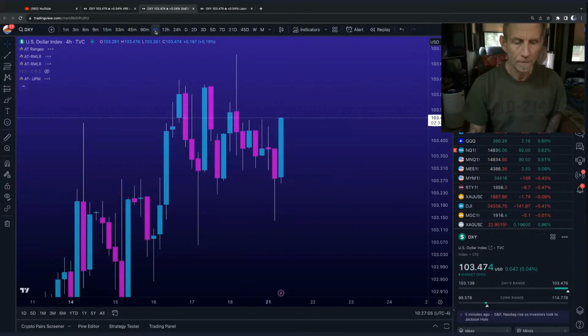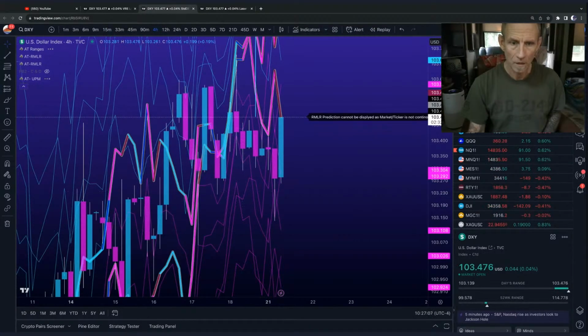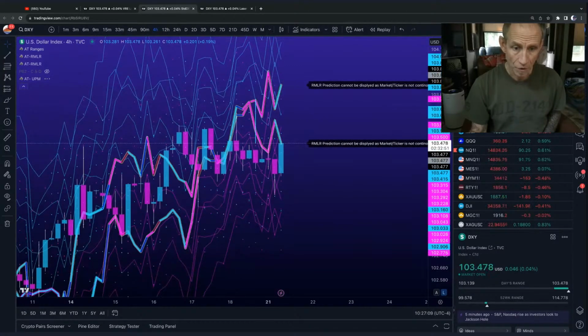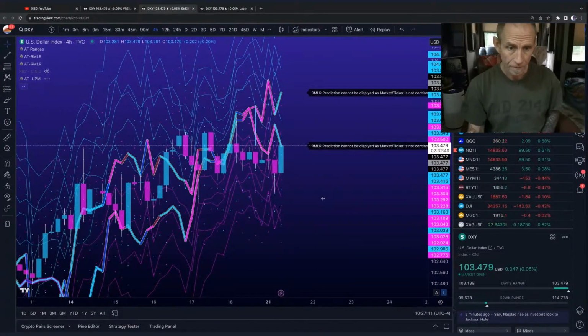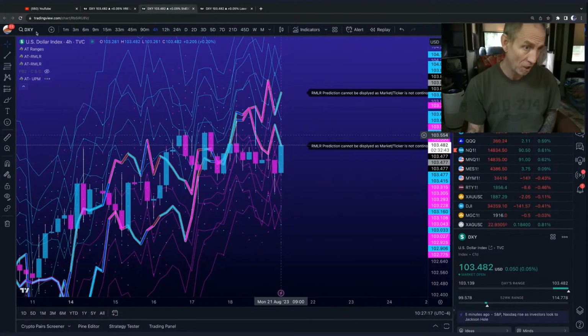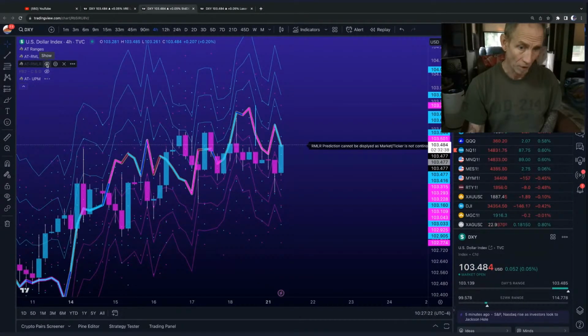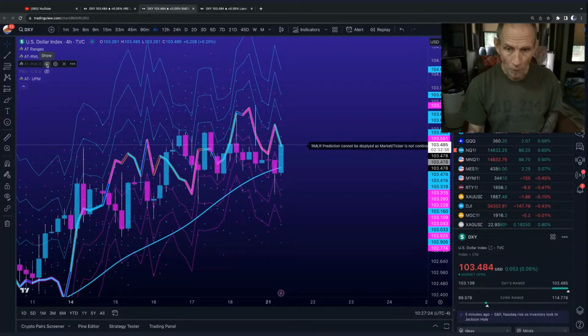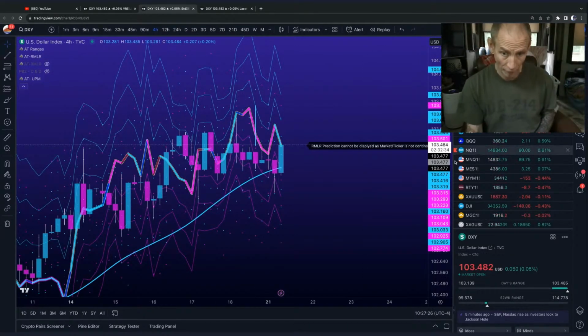See this 4 hour. Where are you going, big dog? You're mean reverted. All right, you were to the downside. Dixie's mean reverted. Dixie closes this 4 hour candle above this RMLR. Which one is it? Yeah, the low length. You're above it by barely anything.